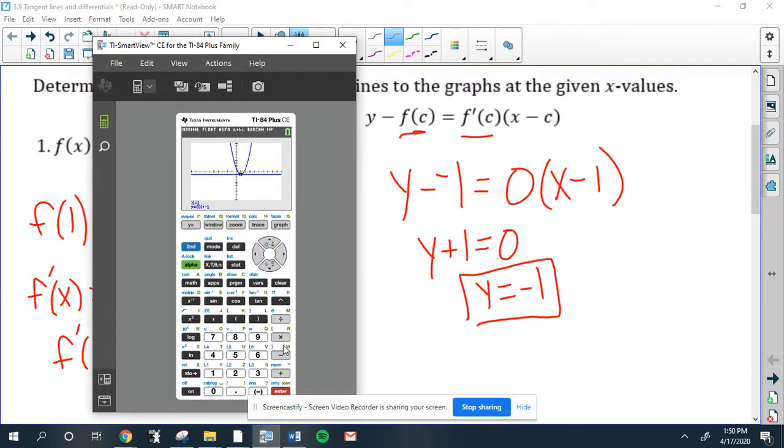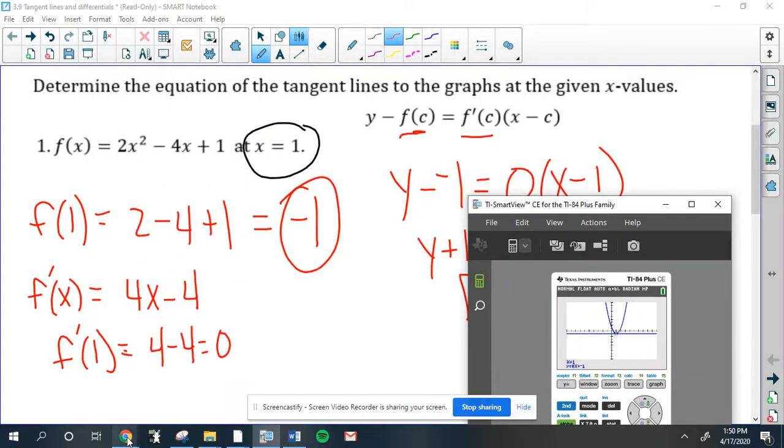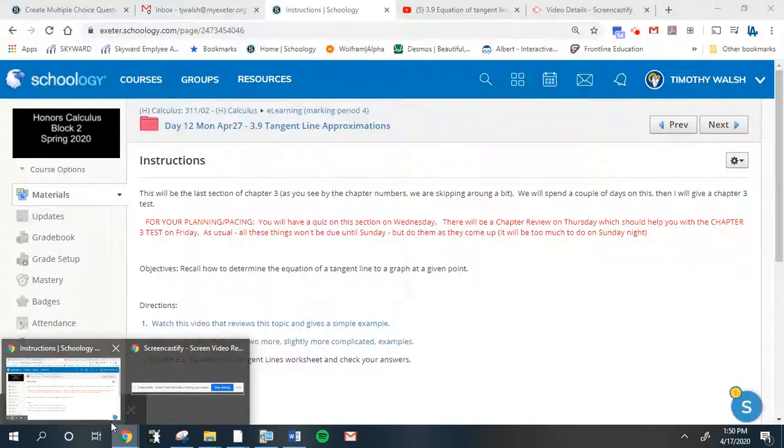If you don't have a graphing calculator, that's fine. Go to Wolfram Alpha and ask Wolfram Alpha to do it for you.